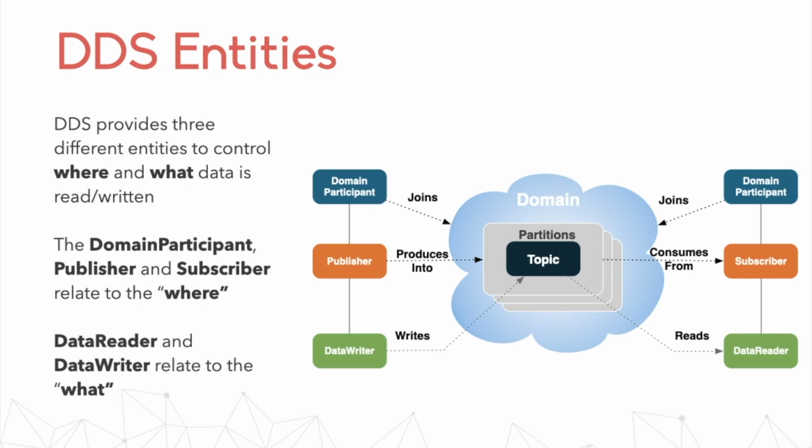Specifically, the domain participant gives you access to a domain. Okay, publisher and subscriber relate to where you write the data, because as we will see in the matching logic of DDS, it's through the publisher and the subscriber that you decide, within the given domain that you're associated with, in which partition you're going to write or read the data. And finally, the data reader and the data writer relate to what data you write. Why? Because it's through the data reader and data writer that you write samples belonging to topic instances.